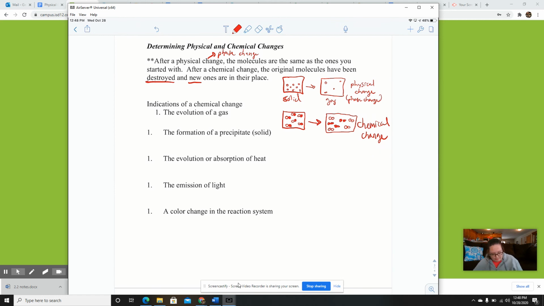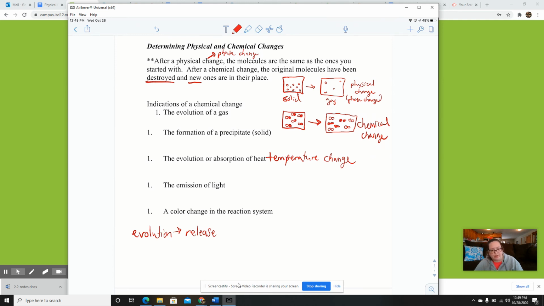The third is the evolution or absorption of heat. So this is a temperature change. It gets hot or it gets cold. It's an absorption or evolution, or release, of heat. That's what I mean by evolution. So maybe we should write that down: evolution is the release of heat or release of a gas, as it is for number 1.